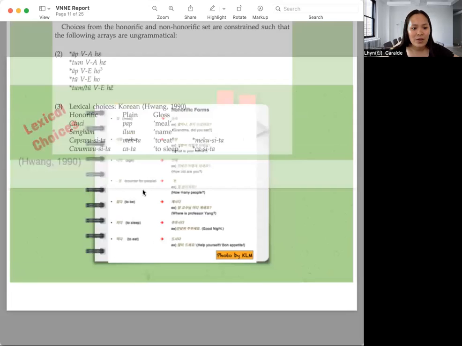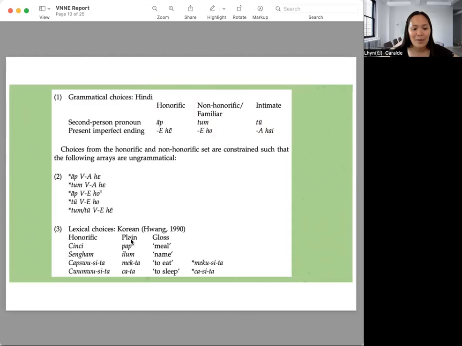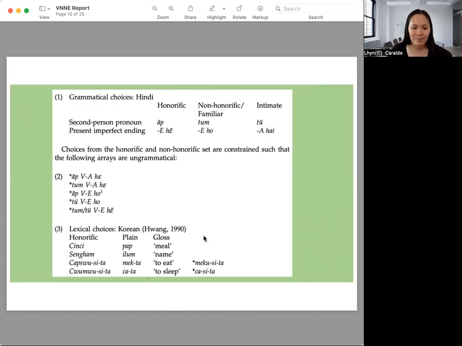Okay, so the third one is the lexical choices. In Korean, we have honorific, plain, and gloss. So for kimchi, the plain is pop, the pepper fries, and then the gloss is meal. It means meal.